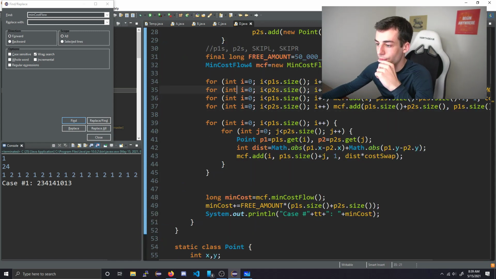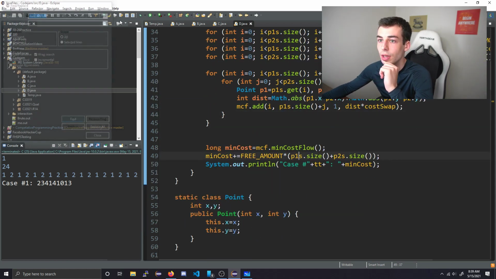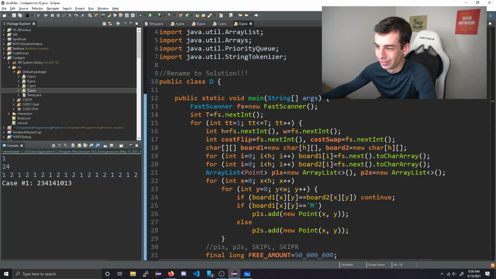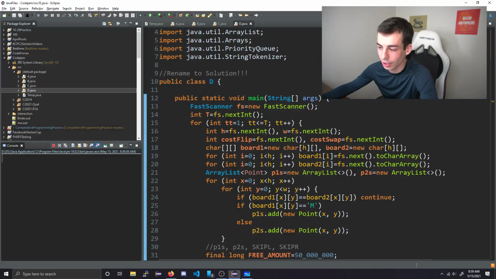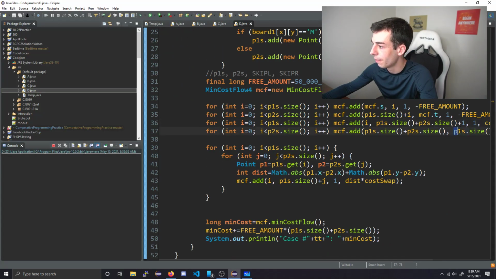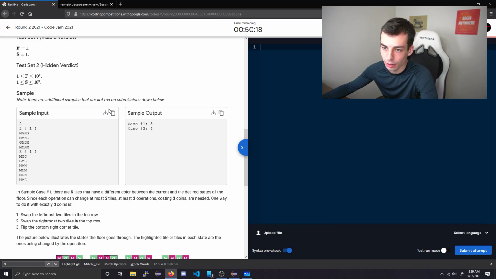All right, so we add those edges, these are the skip edges, and then we add all the normal edges. And we run this, and we get the problem right? What? Oh, no. Yeah, cost flip. Okay.